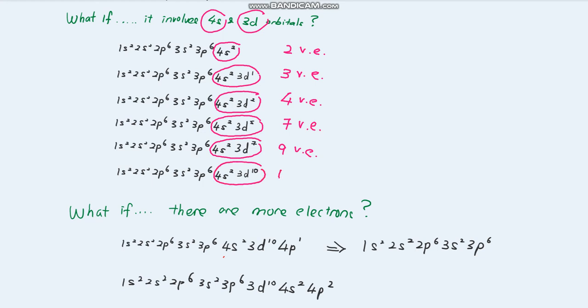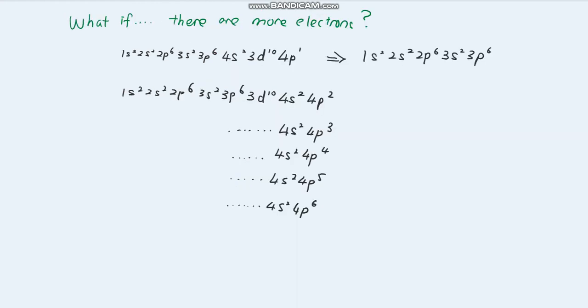So altogether, give you 12 valence electrons. So in this case, you need to bear in mind that we will continue in our chapter 3.1 to recall back about this valence electron. Okay, so all of this will be in our transition elements. All of this is the electronic configurations for our transition elements.